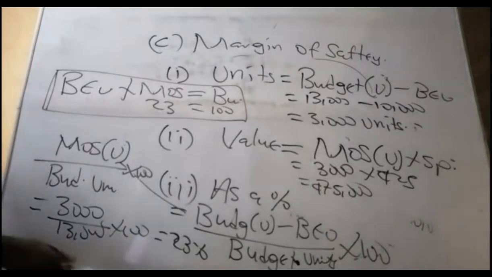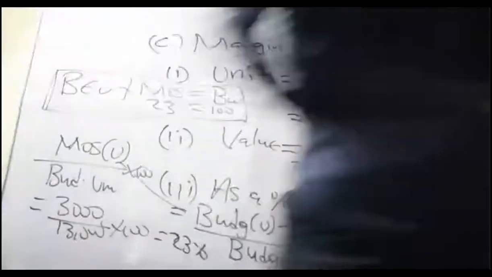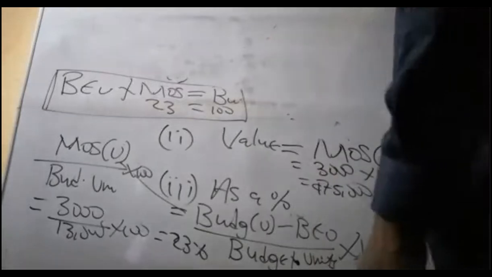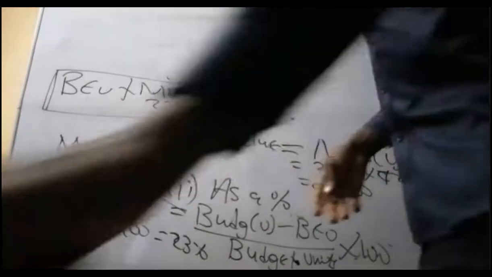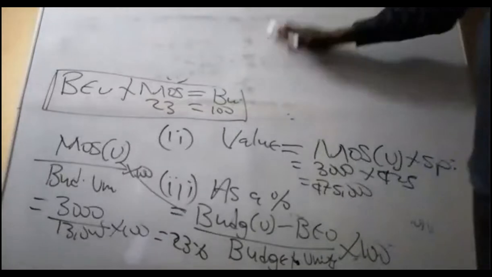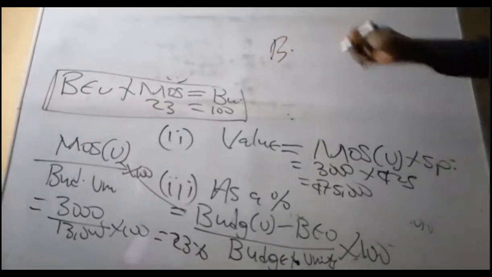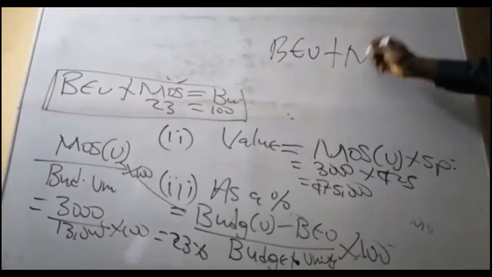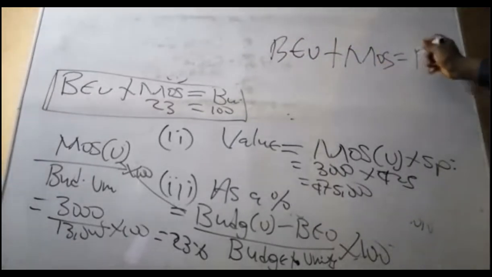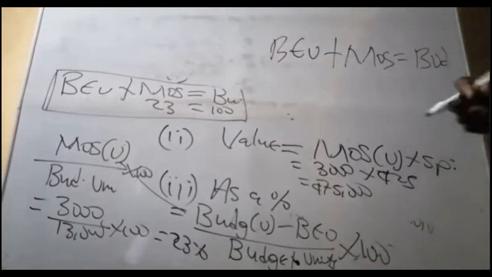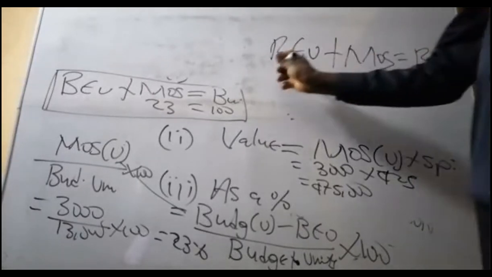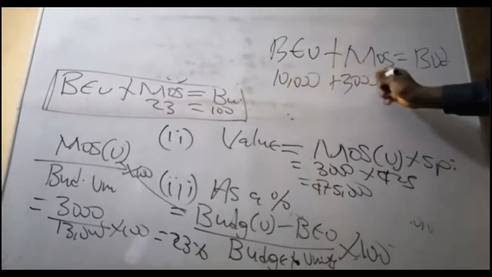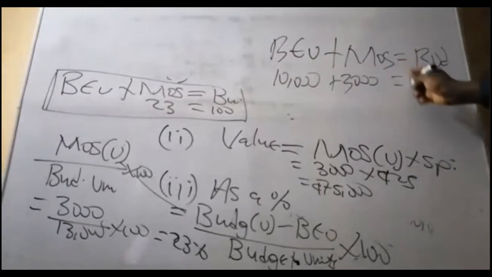Let's do the analysis again. The break-even unit plus the margin of safety should be equal to the budget. Because our break-even unit is 10,000, we added a safety of 3,000 to it, and now we are getting a budgeted unit of 13,000.